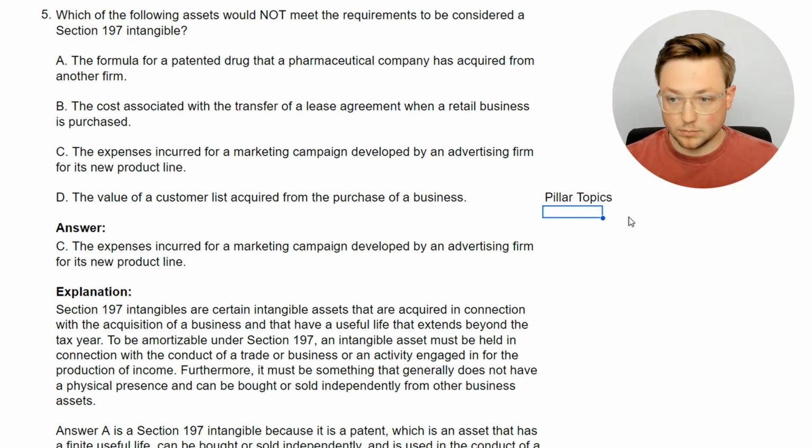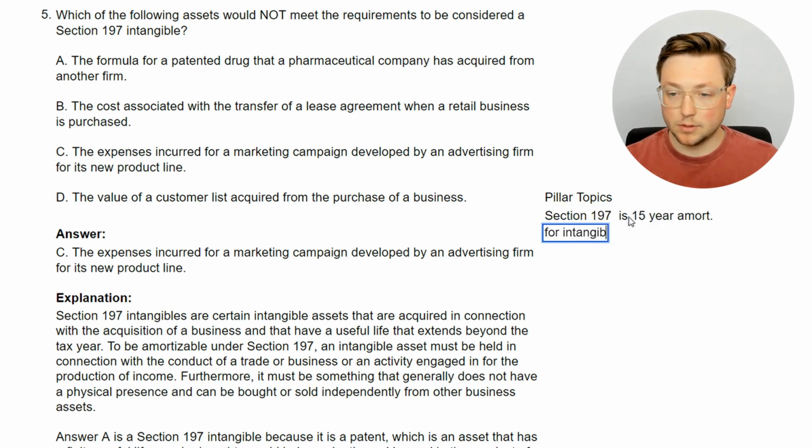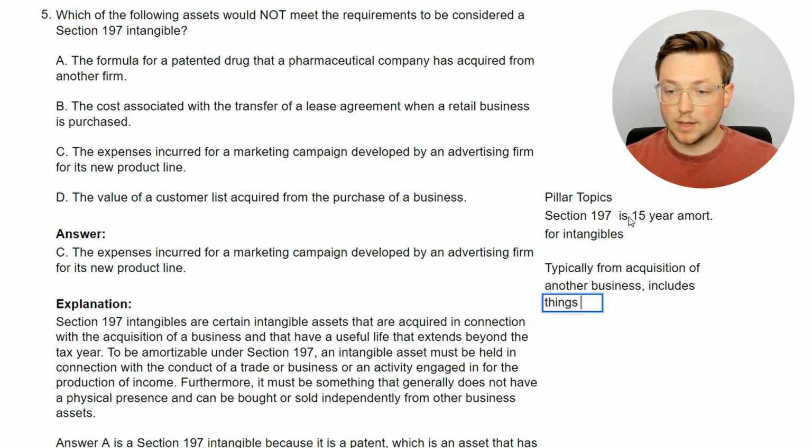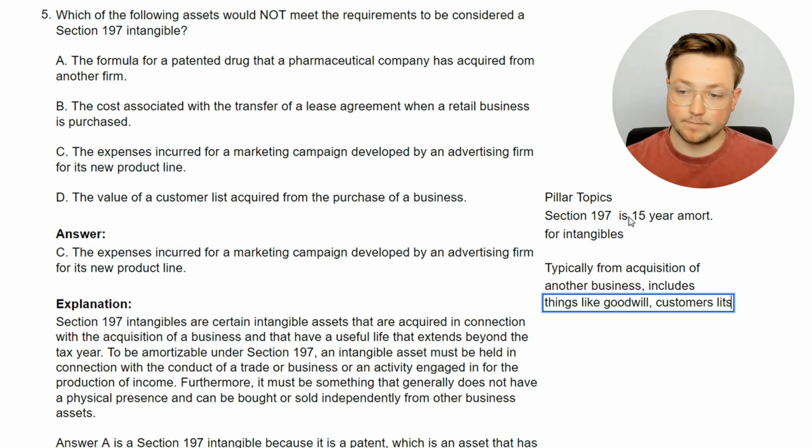Section 197 intent is 15 years for intangibles, typically from acquisition of another business, includes things like goodwill, customer lists.